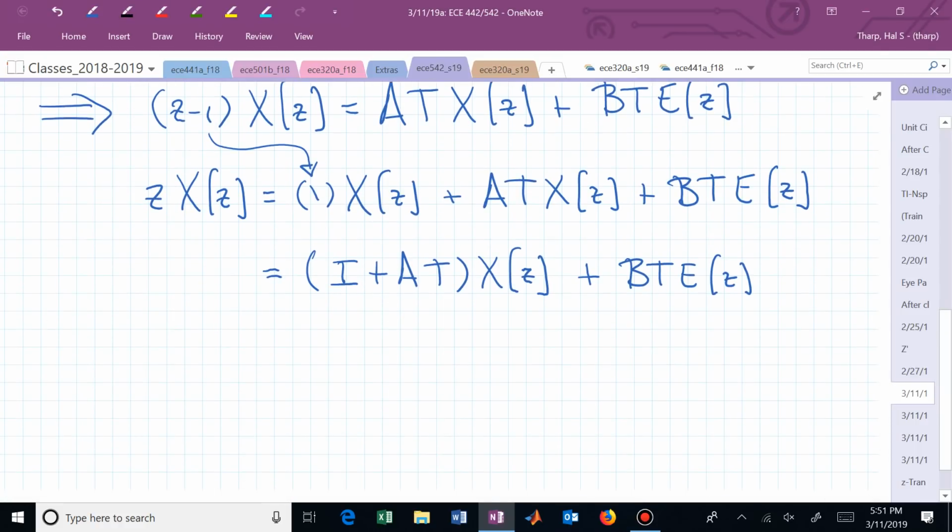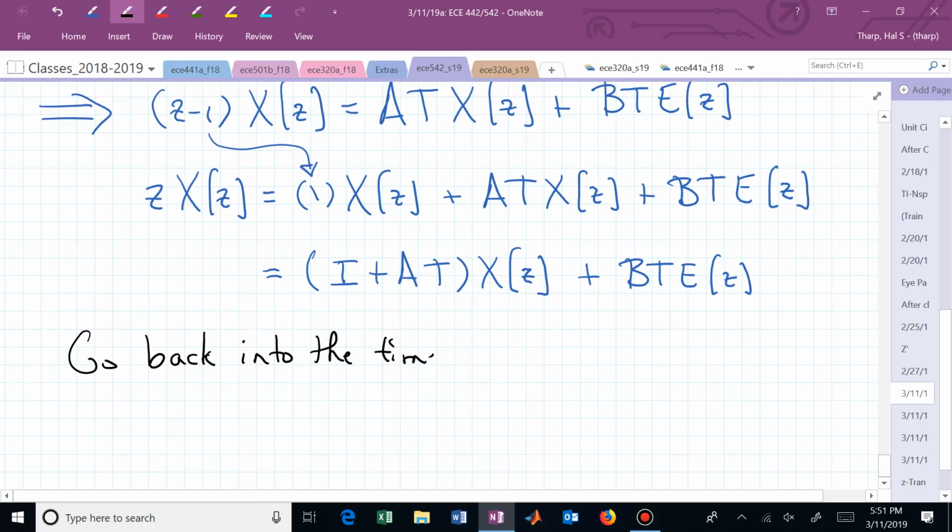And now what I want to do is leave the frequency domain and go back into the time domain. What happens when I go back into the time domain with the expression on the left, z times capital X of z?